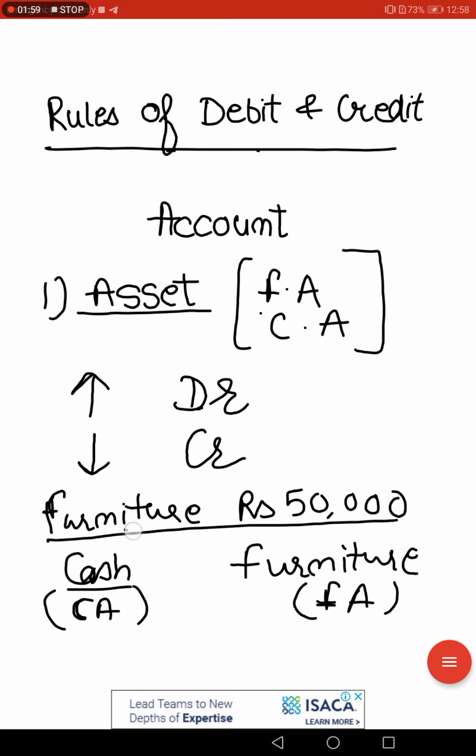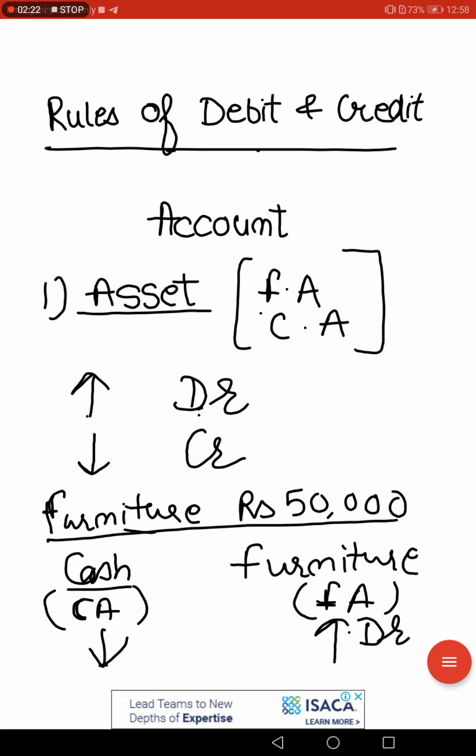Now when you purchase the furniture, it will decrease the cash balance, but it will increase the furniture. The account which increases, you will debit. It means here there is increase in furniture, so you will debit the furniture account, right?